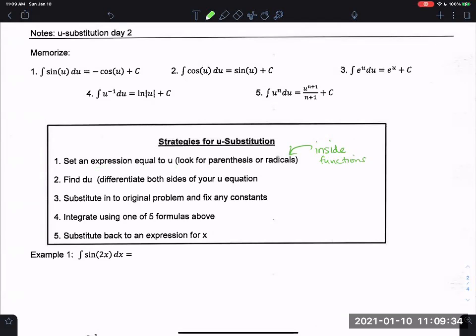Find du, differentiate both sides of your u equation. Substitute into original problem and fix any constants. So that was that if I have to divide by something to make it exactly what I need. Integrate using one of 5 formulas above, right? So what we end up doing when we use U substitution is bringing it to a method we already know, and then substitute back to an expression for x, okay?